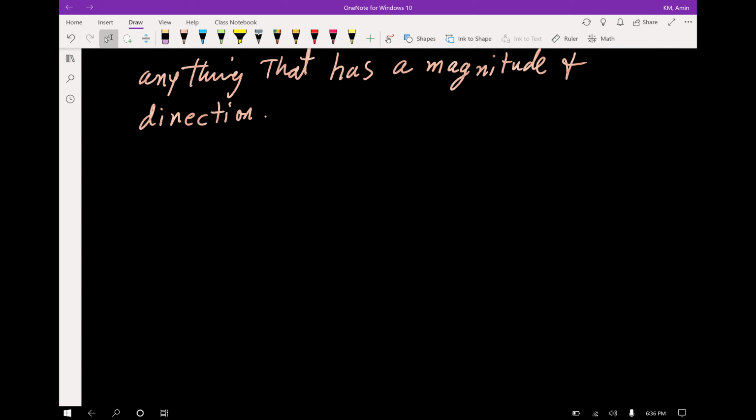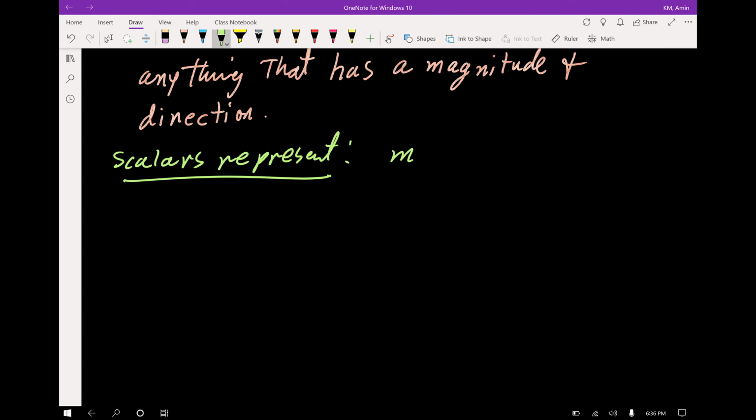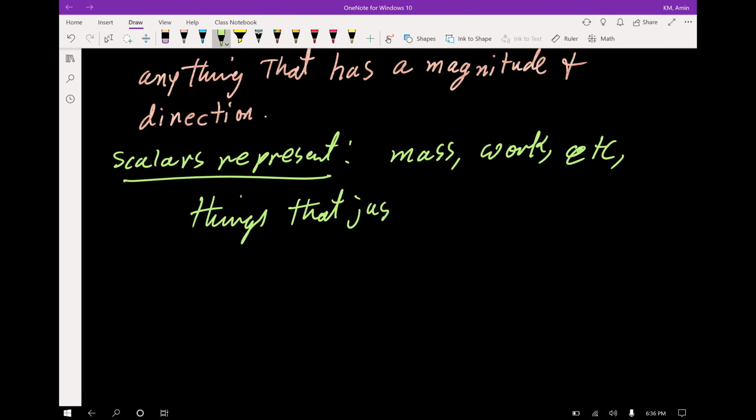So what about scalars? Scalars represent mass, work, etc., things that just have magnitude.